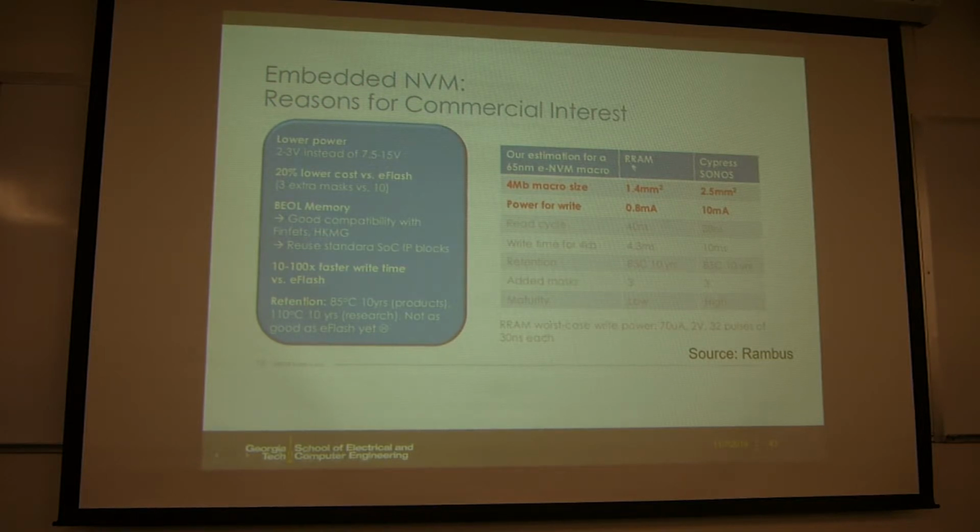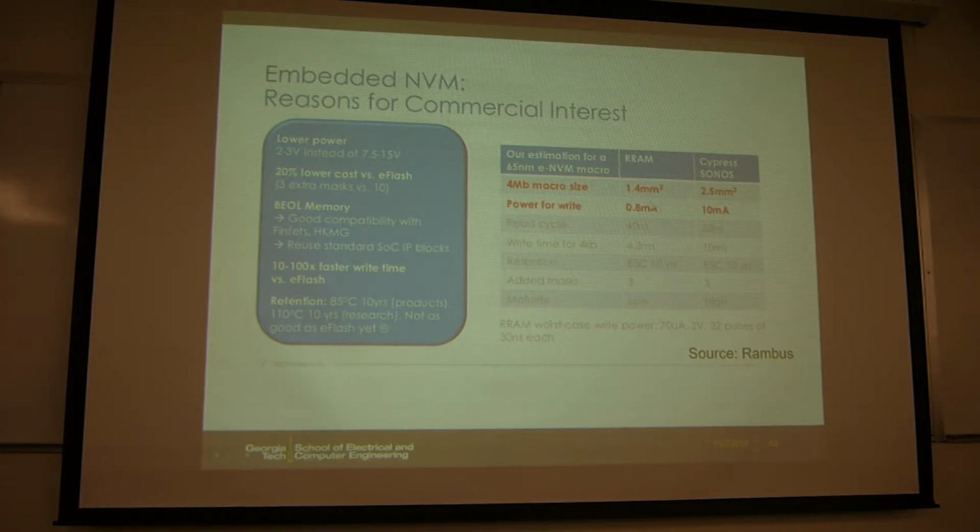If you use RRAM versus the eFlash, then you can reduce the macro size, the chip size, and also you can reduce the power for the write operation. And the other characteristics are similar, like the read time, write time, and so on. So that's a key motivation to use the RRAM for the embedded memory.